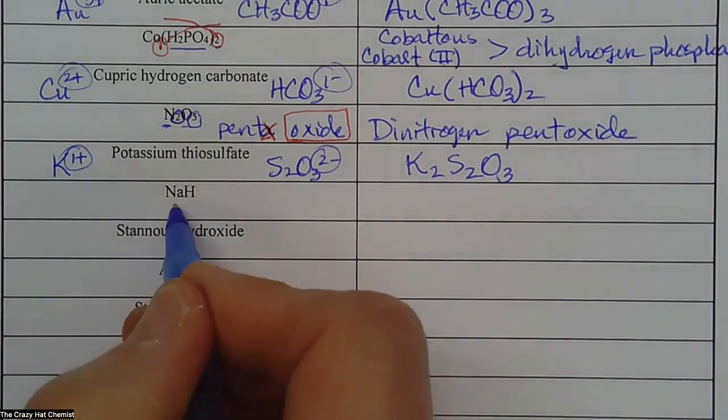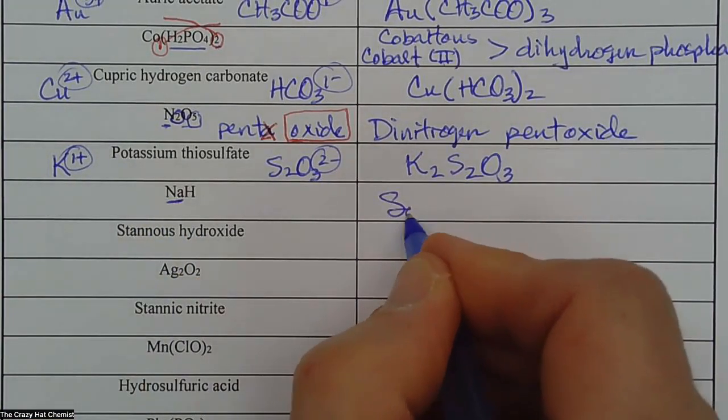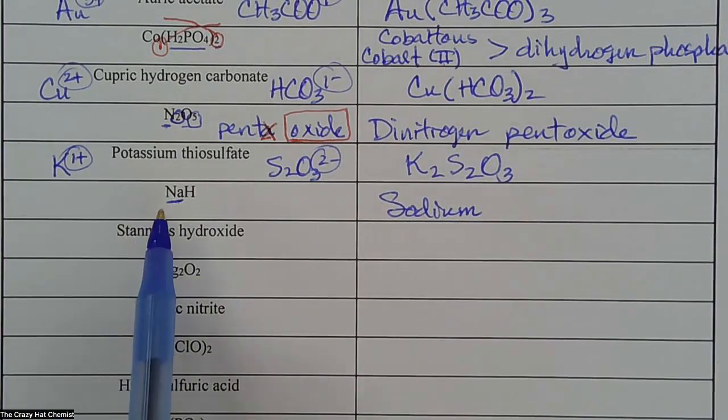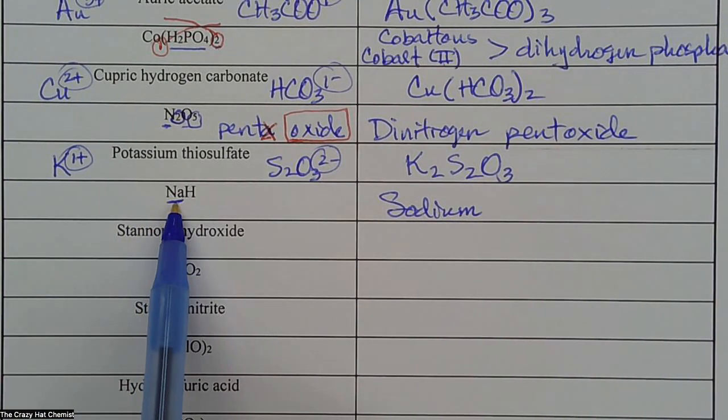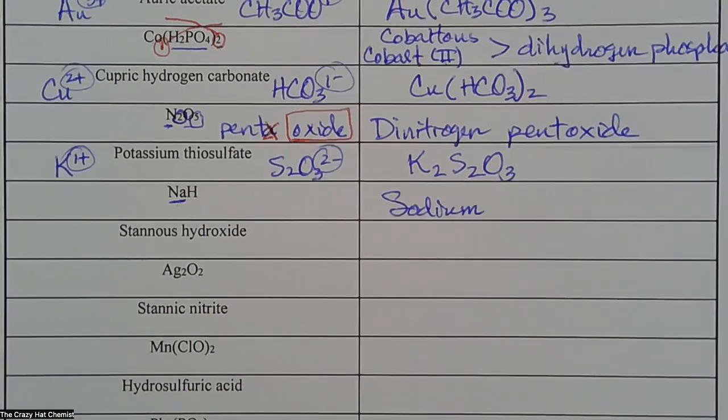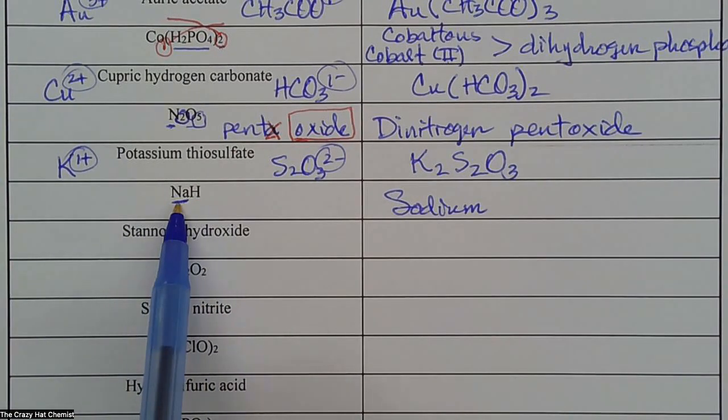The next one is sodium. And when either an alkali metal, which sodium is one, or an alkaline earth metal, which would be like magnesium, so that is group 1 or group 2, is with a hydrogen, then hydrogen takes the non-dominant charge, if you will. So that is group 1 and group 2.